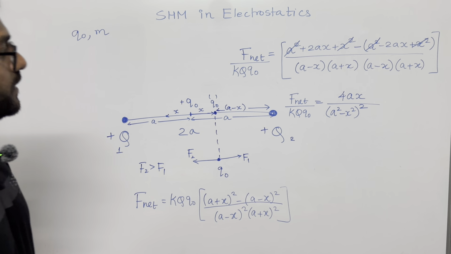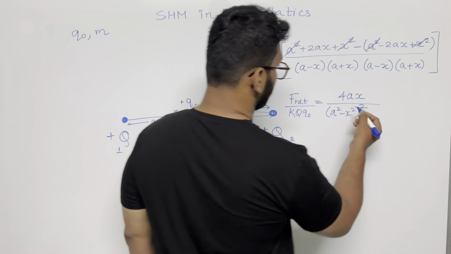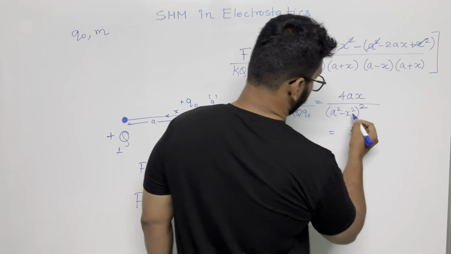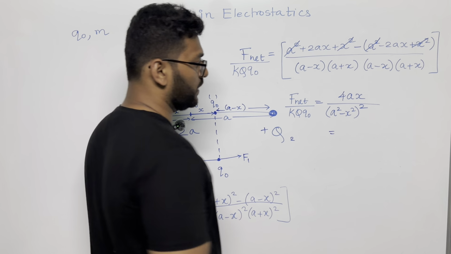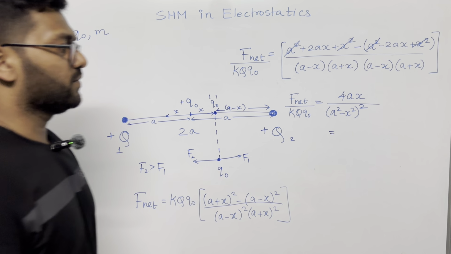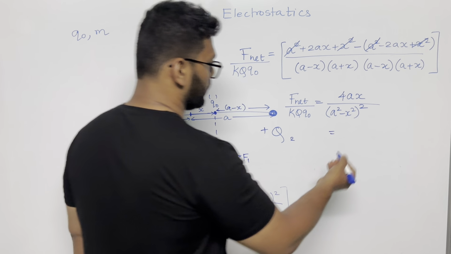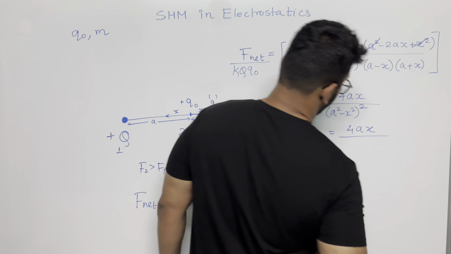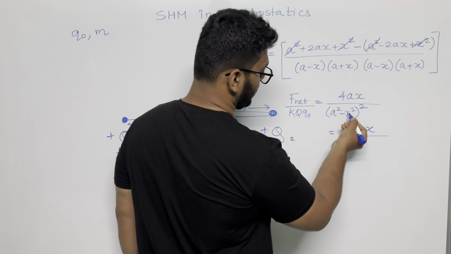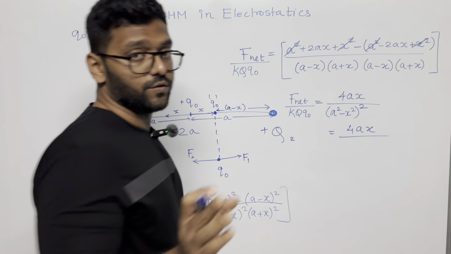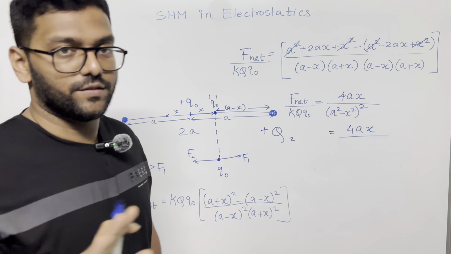Okay, now what I am going to do is that I am going to take x square outside. It's very small, so I can take it outside. Oh, sorry, not x square outside, sorry. I want to take a square outside, not x square.